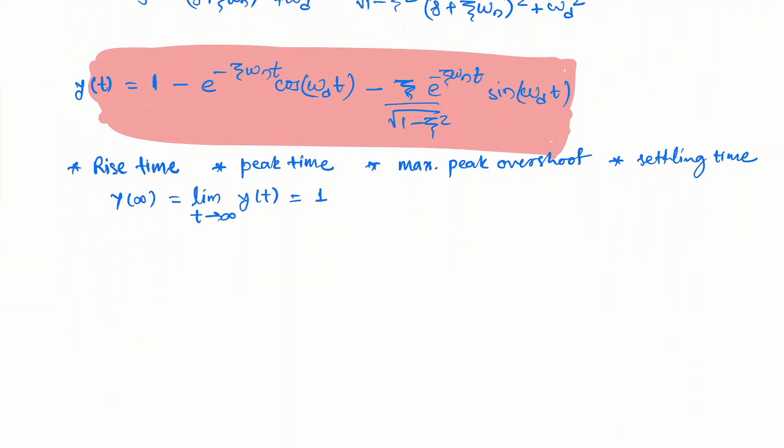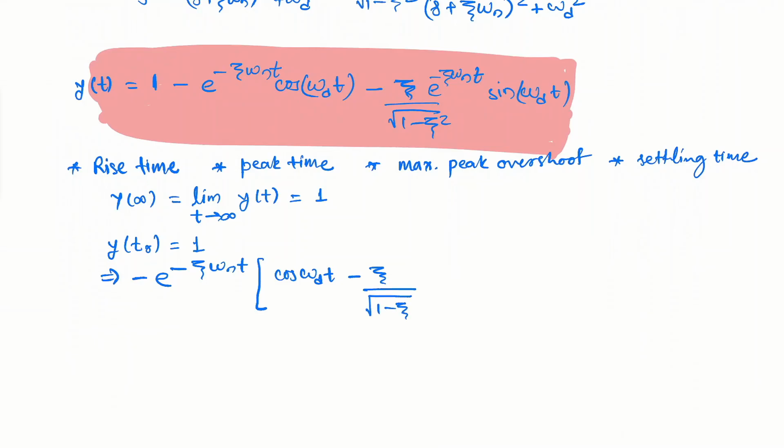Hence, when we equate y of t equals 1, for rise time, let's call that tr, this would give us the condition e power minus zeta omega n t in bracket to be equal to 0.